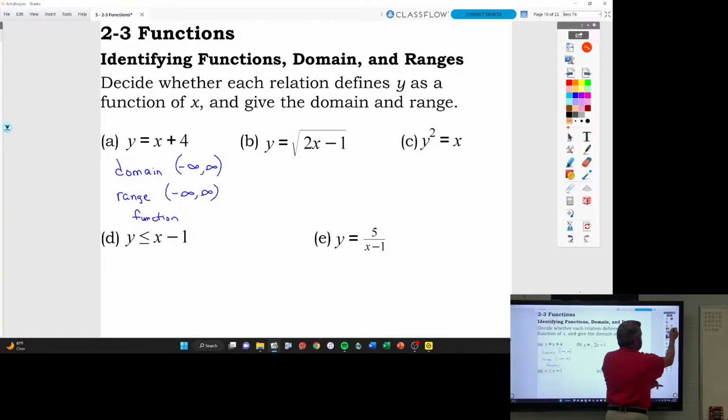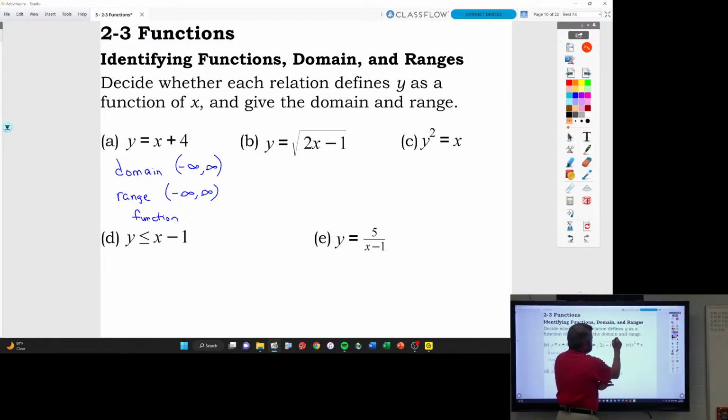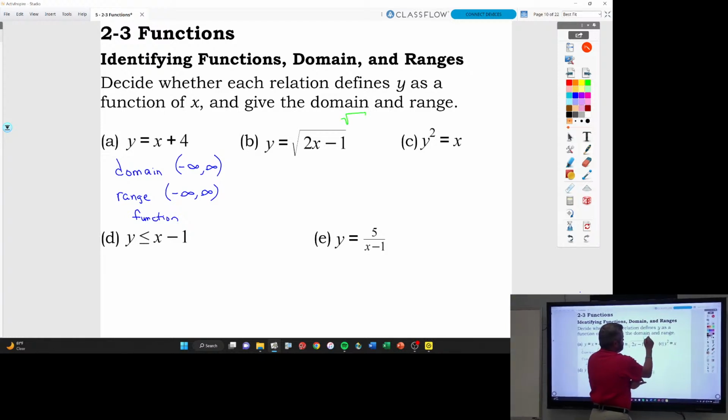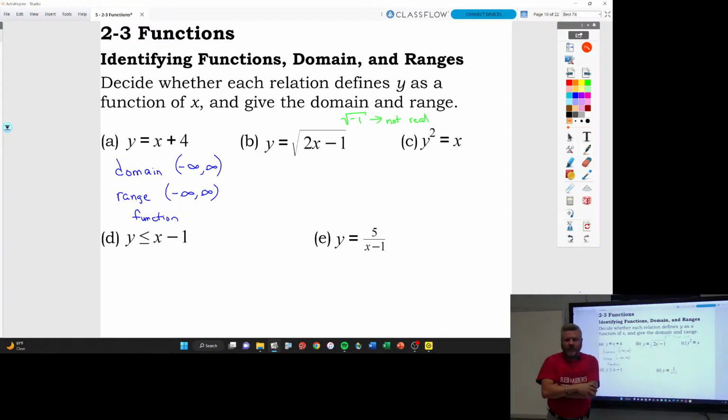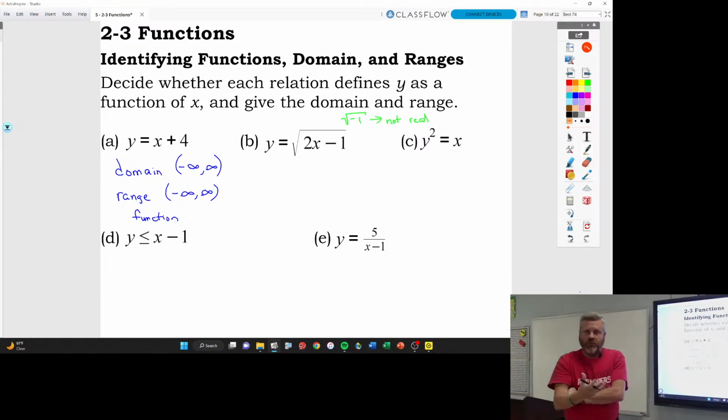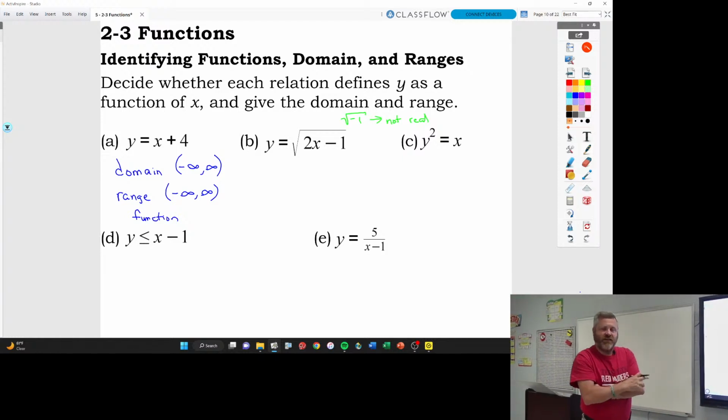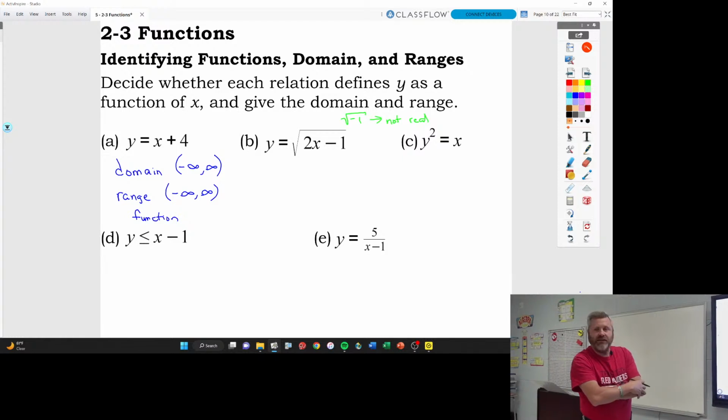And the problem is the fact that if I was to take the square root of any negative number, say negative 1, that's not real. Okay? And so in the real numbers, I cannot take the square root of a negative number. So I do have restrictions on what my x value can be.